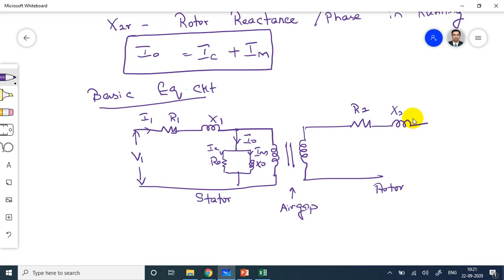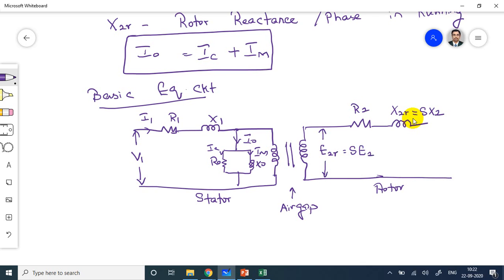What is the formula for X2R? X2R equals S into X2. And the EMF induced in the rotor side is E2R. We already studied E2R equals S into E2.